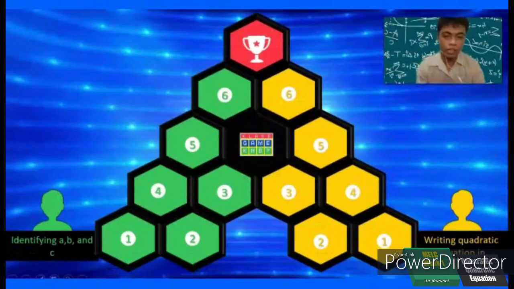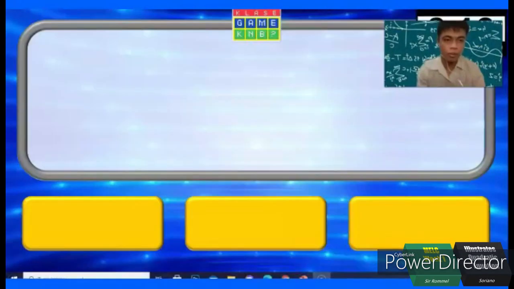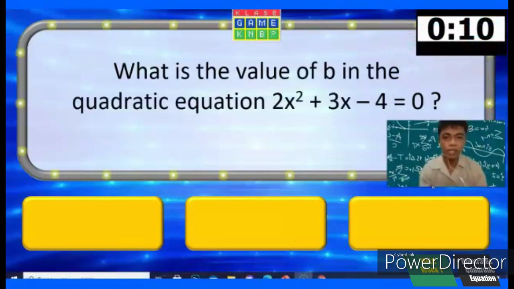Okay, our category, identifying A, B, and C. Number 1. Okay, ready tayo. Question number 1. What is the value of B in the quadratic equation 2x squared plus 3x minus 4 is equal to 0?